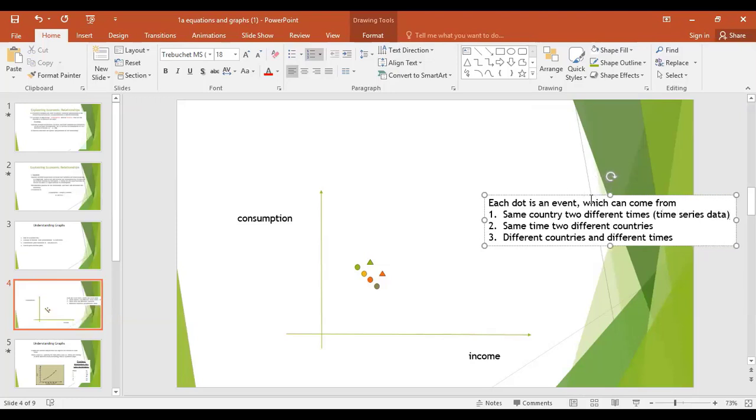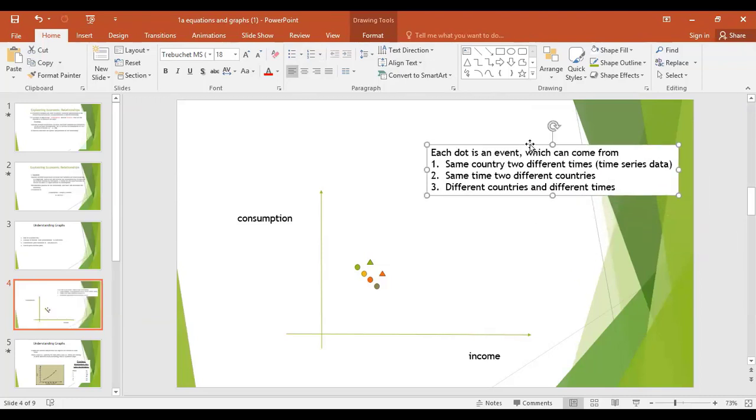It's data which has the same country or same unit, same cross section, same object, but it is changing in time. Means that we have dots which are actually changing across time. So it's the third dimension which is not shown on the graph.